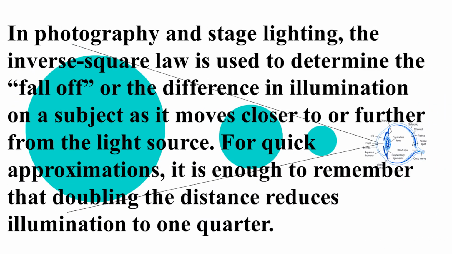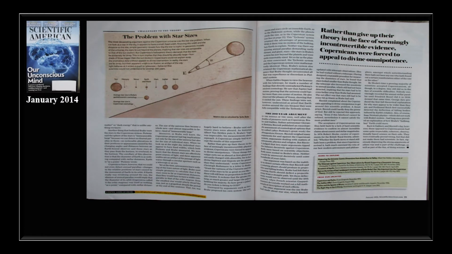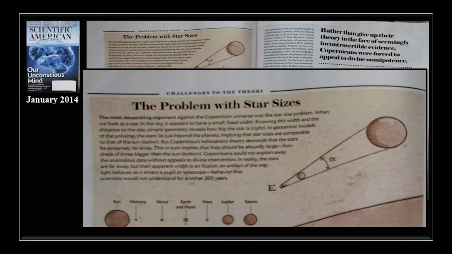Let me read a little bit of this article that you referred to from Scientific American, January 2014. The problem with star sizes. The most devastating argument against the Copernican universe was the star size problem. When we look at a star in the sky, it appears to have a small, fixed width. Knowing this width and the distance to the star, simple geometry reveals how big the star is.